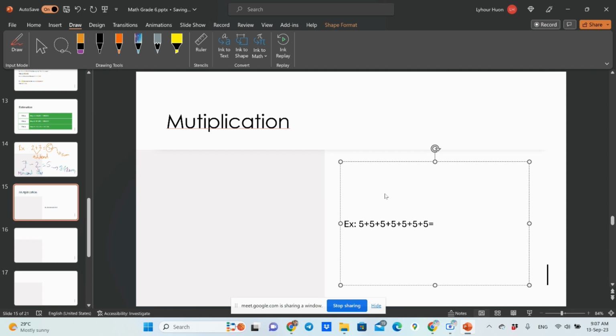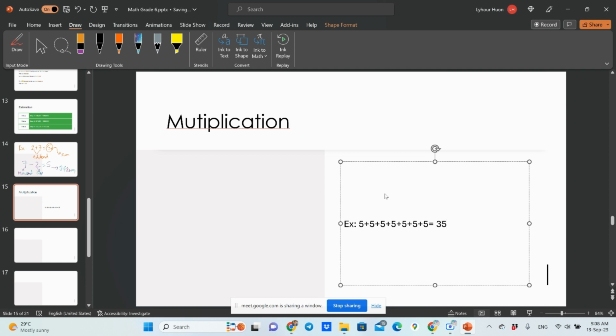One, two, three, four, five, six, seven. So the whole week you receive $5 seven times. $5 seven times is 5 times 7, which is 35.